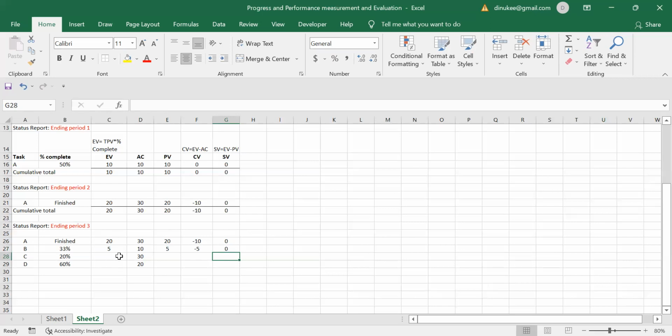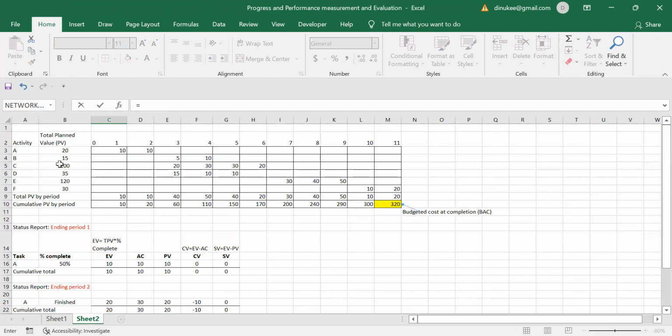And the schedule variance means from the earned value, you have to deduct the planned value, that is 0, right? So I will do the same for the activity C as well. Is it now clear how to calculate these things? For the activity C, I'm going to calculate the earned value. First you have to take the total planned value for the activity C, which is 100.